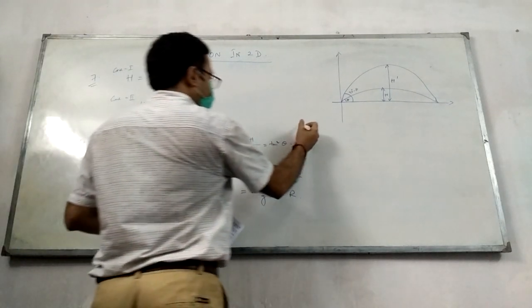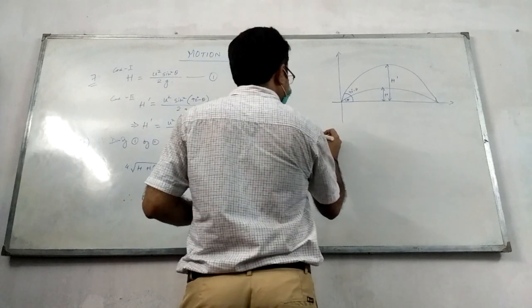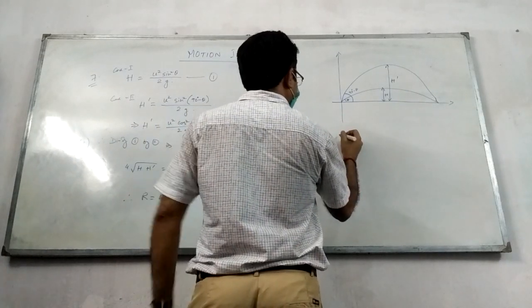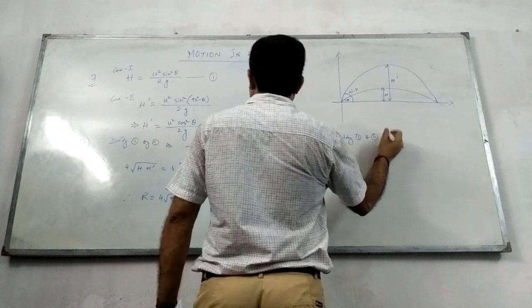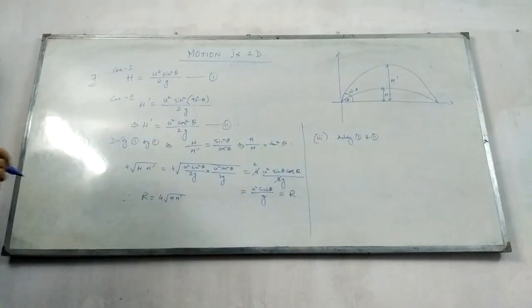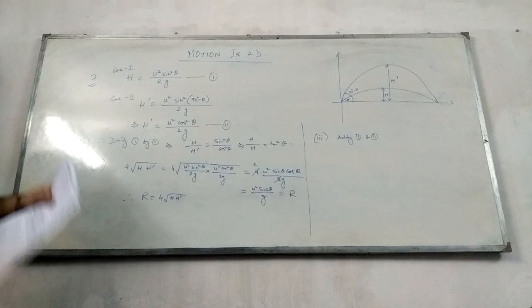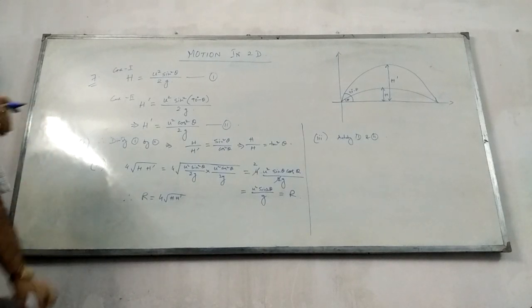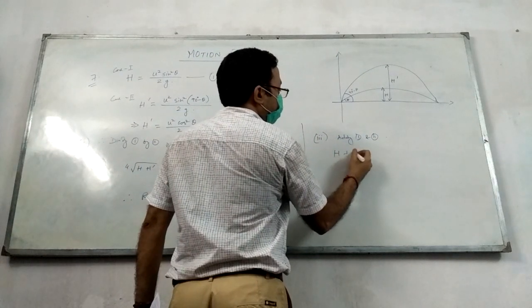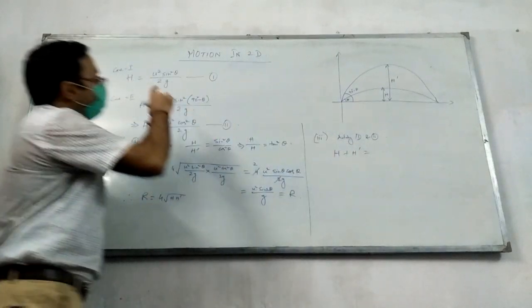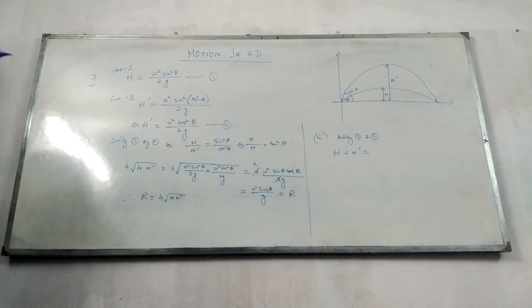Easy. We can just add the equations 1 and 2 up. Adding 1 and 2. If I add up 1 and 2, H plus H dash will be, U square by 2g we can take common.